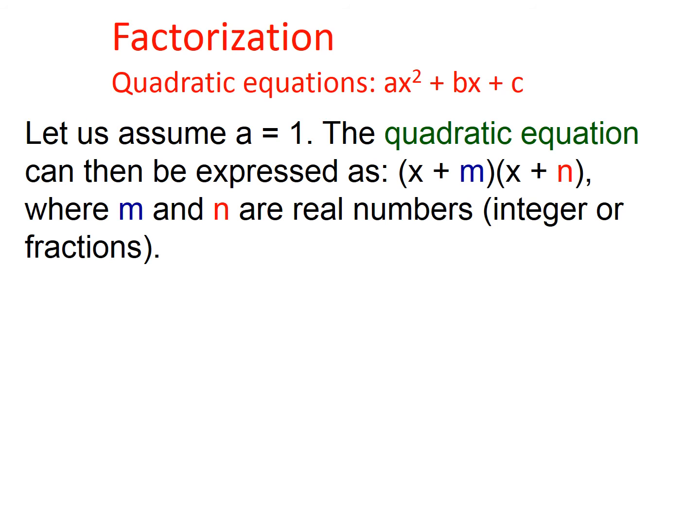So, for instance, if we had ax squared plus bx equals 7, if we just minus 7 from both sides, ax squared plus bx minus 7 equals 0, okay?